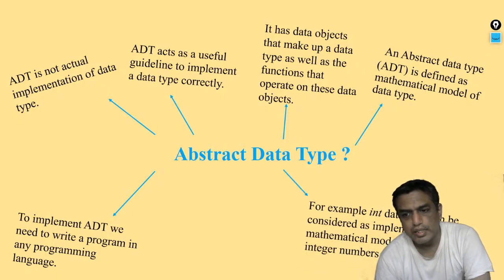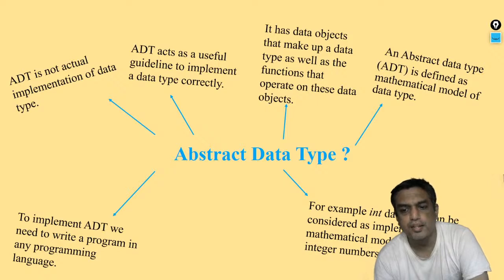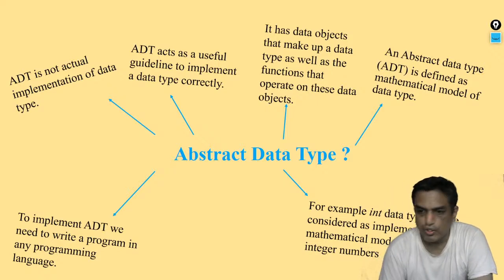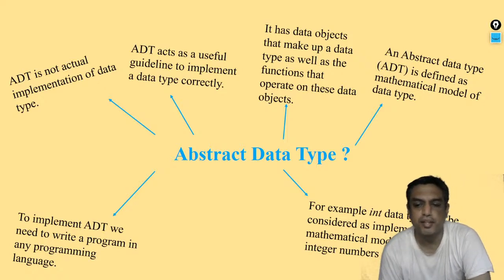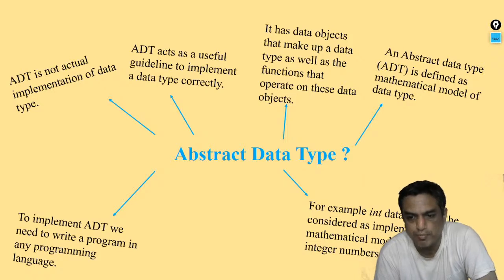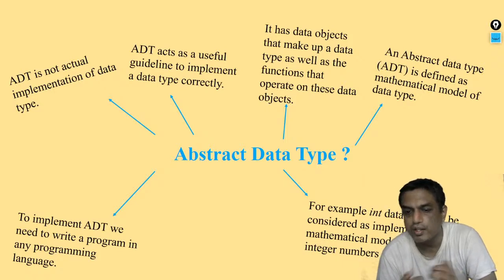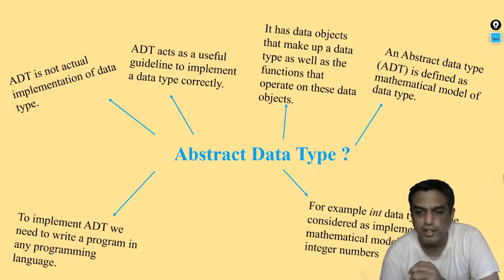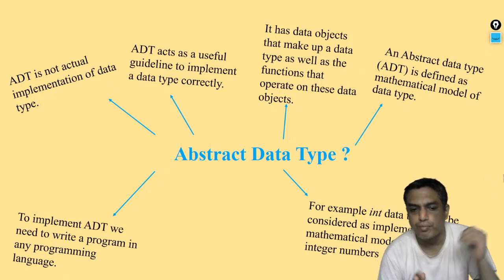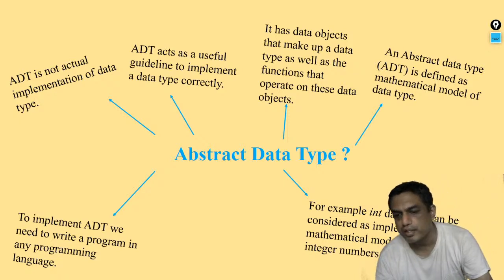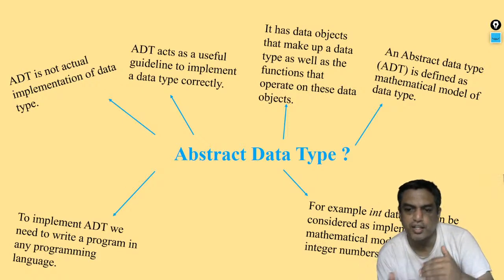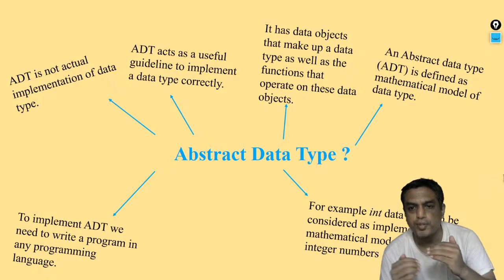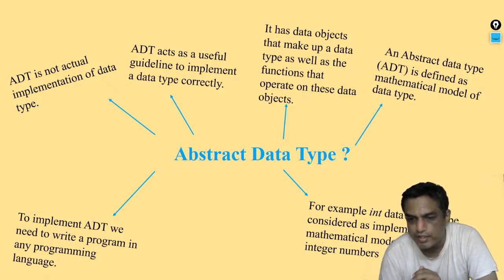For example, the int data type can be considered as an implementation of the mathematical model of the concept of integer numbers. In mathematics, we have the concept of integer numbers. What does this model of integer numbers say? Integer numbers are from minus infinity to plus infinity, right? And how many operations can I perform on these numbers?